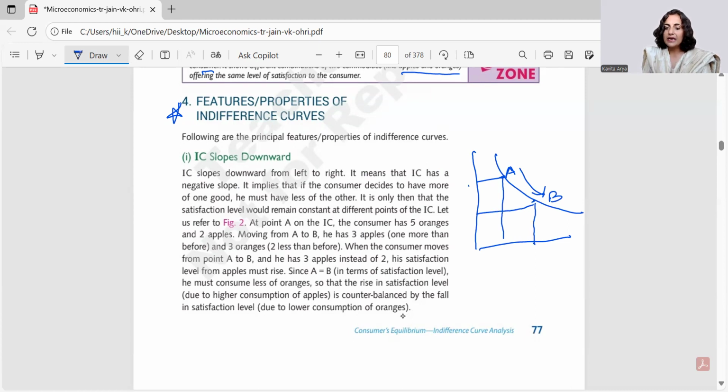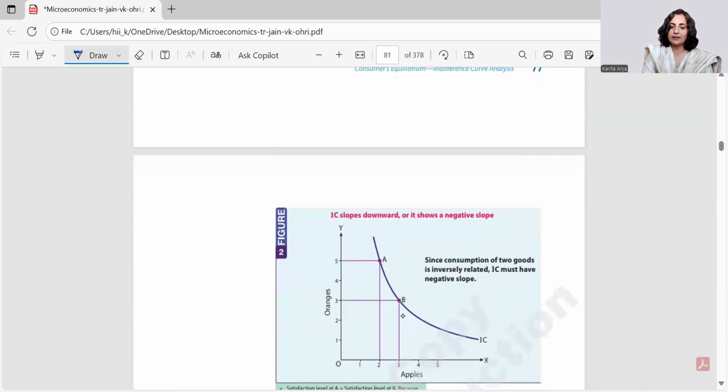It means it is required to have a loss on y for any gain on x. So downward slope simply talks about the sacrifice, right? Let me just take up the words from here. He would have the sacrifice of one, right? It implies that consumer decides to have more of one, but he has to have the less of other. So there has to be a sacrifice involved for increase of the other thing.